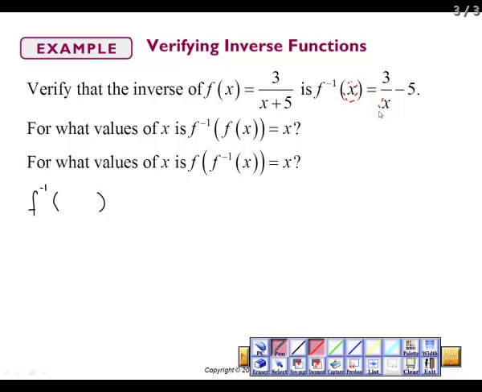And we're going to cut this x out here and put parentheses. So that'll be 3 over, and then where the x was, we put parentheses, because it's like a hole there now. And now we're going to take this f of x, and we're going to put that in there in place of where that other x was. So this would be 3 over x plus 5.